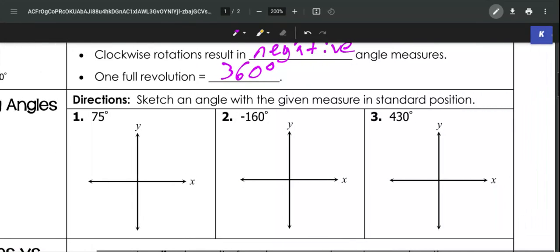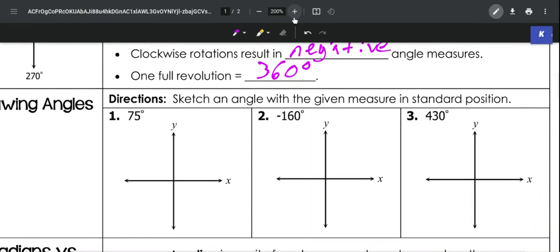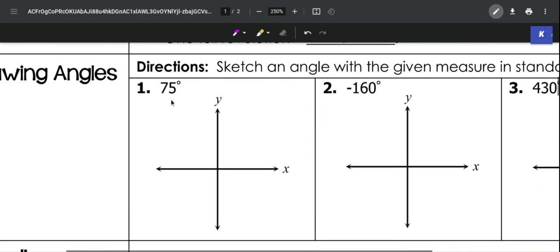Now, drawing or sketching these is just going to give us an indicator of what I was talking about. So 75 degrees is a positive value, and we always start at this initial side, which is on the positive x-axis. So that's what our first ray is going to look like. It's going to start here and then go this way.